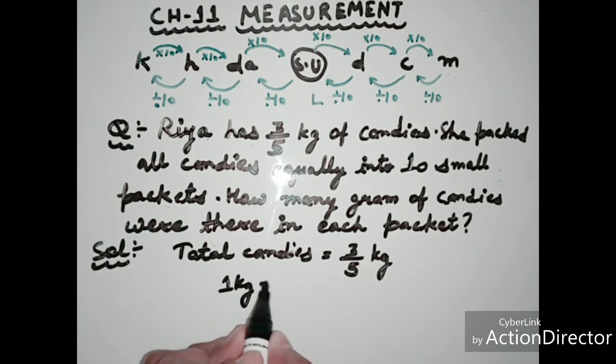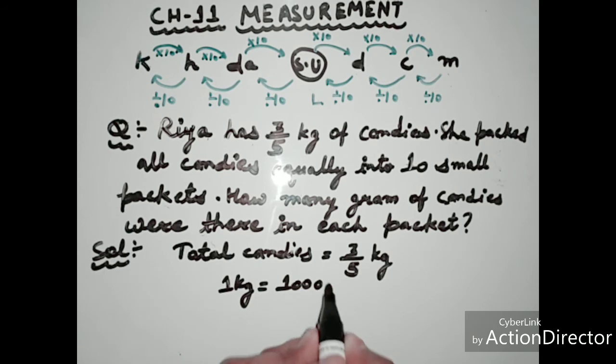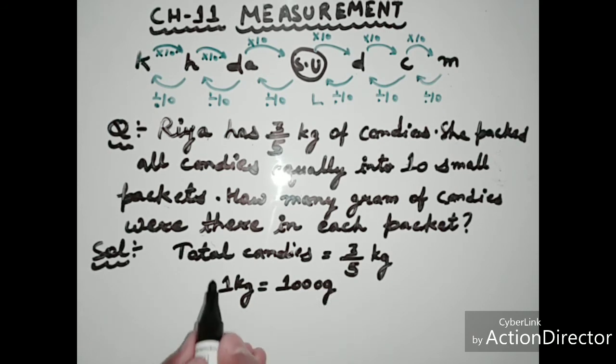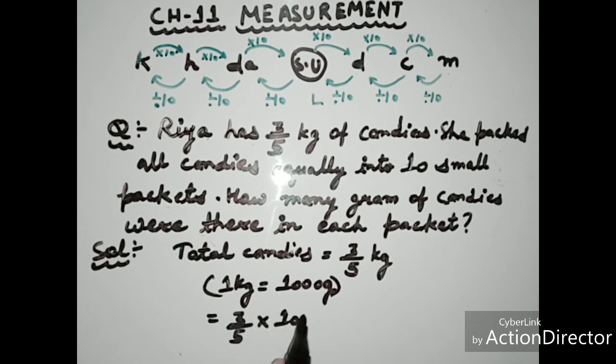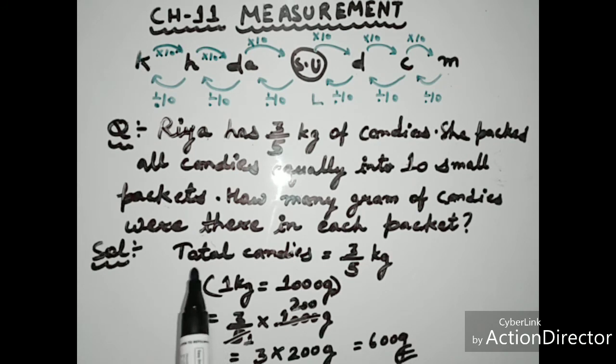So 1 kilogram equals 1000 gram. So here we multiply 3 upon 5 by 1000 gram. Now 5 divides 1000 in 200 times and here we get 3 multiplied by 200 gram. So here we get 600 gram. So the total candy is equal to 600 grams.